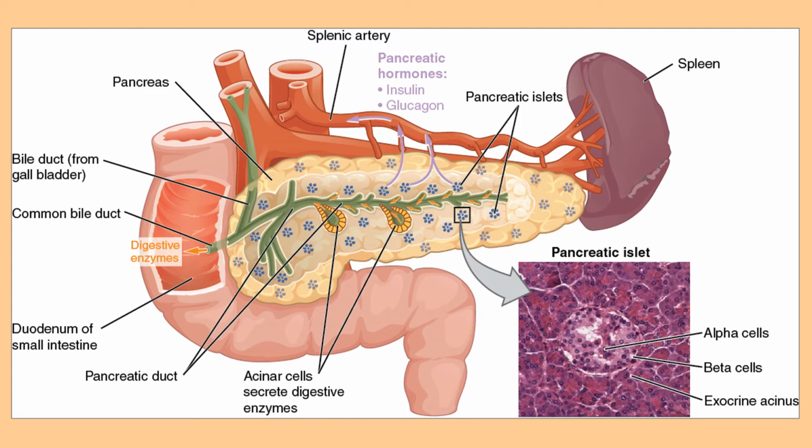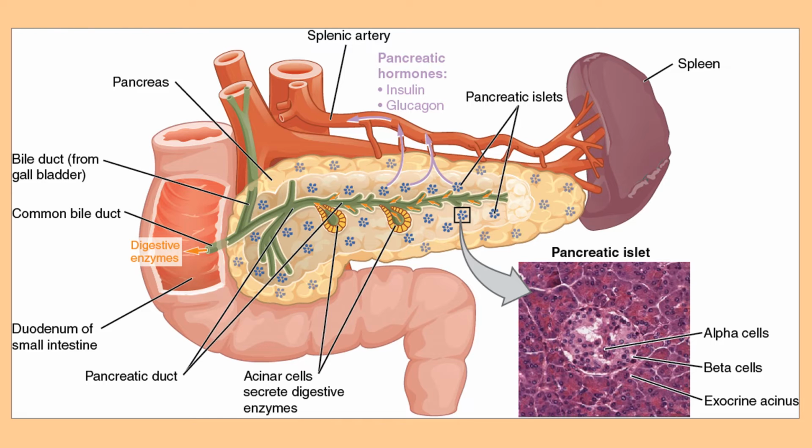In this diagram, we can see the plumbing relationship between the pancreas and the duodenum, the first region of the small intestine. And there are many different types of cells in the pancreas. They can be divided into two categories. There are acini cells, or sometimes they're called acinar cells, and those cells make up the bulk of the tissue of the pancreas.